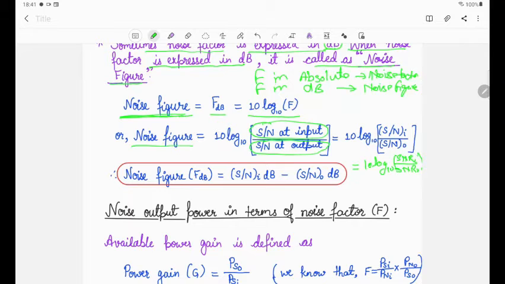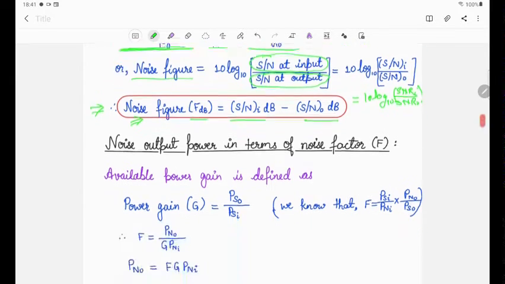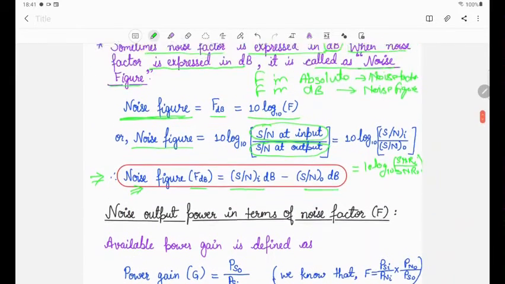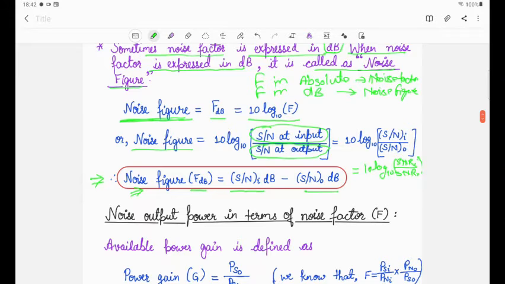Or we can apply the log property: noise figure F in dB is equal to the signal to noise ratio at input in dB minus the signal to noise ratio at output in dB. If we know the signal to noise ratio at input and output, we can calculate the noise factor as well as the noise figure.